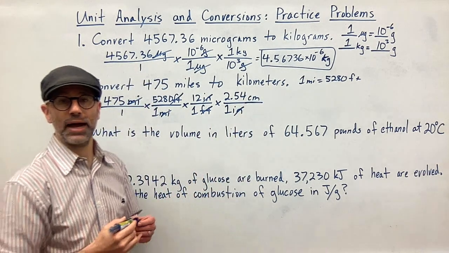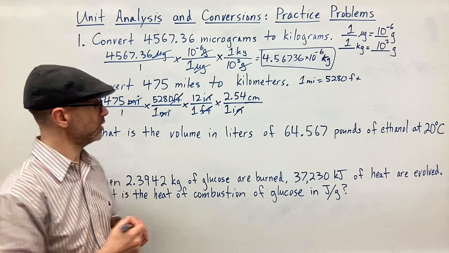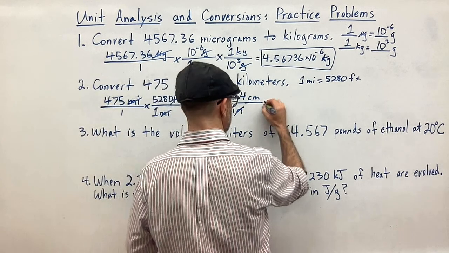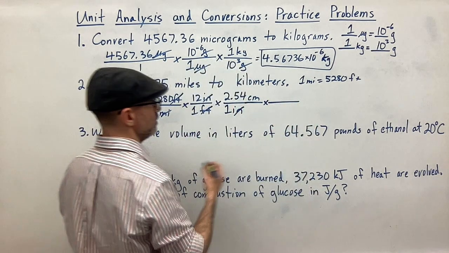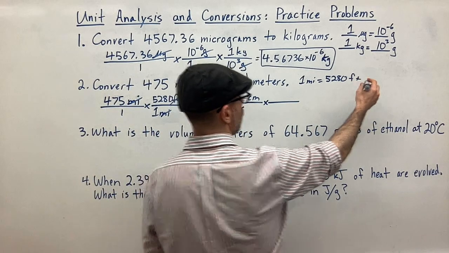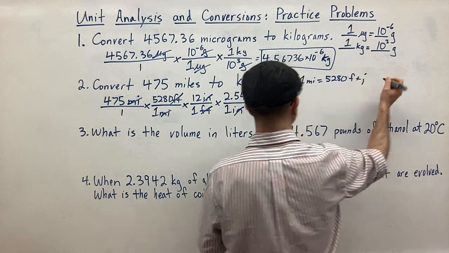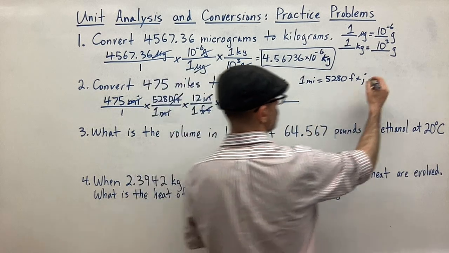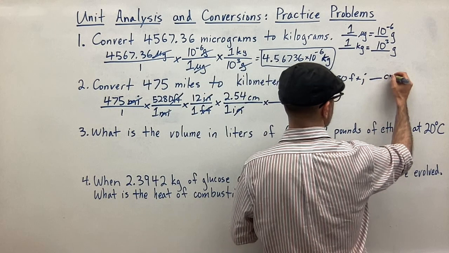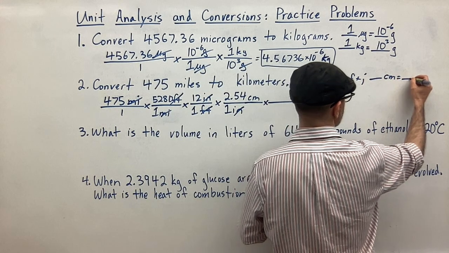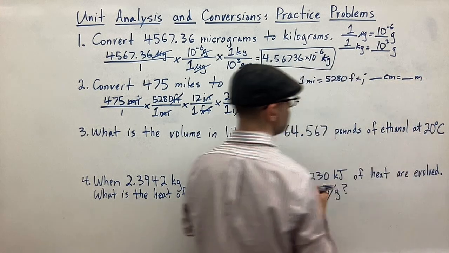But again, I'm going to have to go through the base unit to do this. So first, again, I'm going to set up my equality. So here I have centimeters. I want to get to meters. So I have a certain number of centimeters that's going to be equal to a certain number of meters.